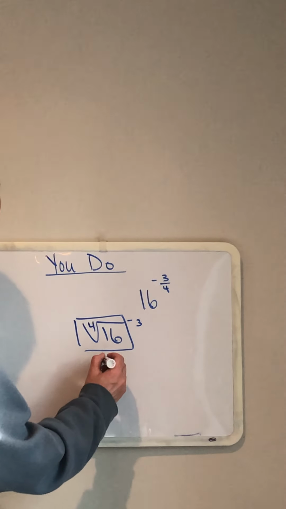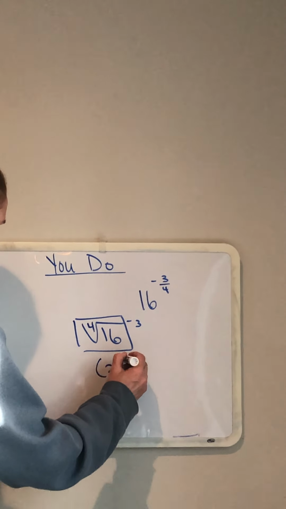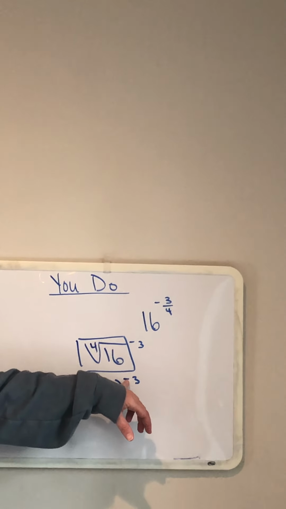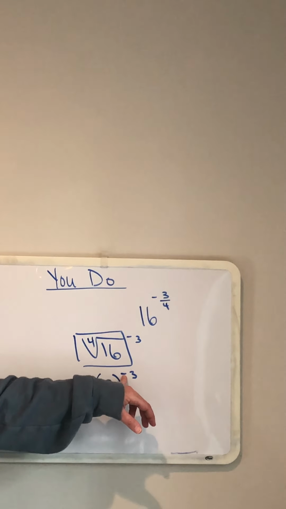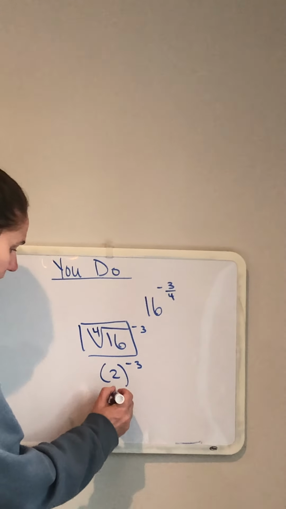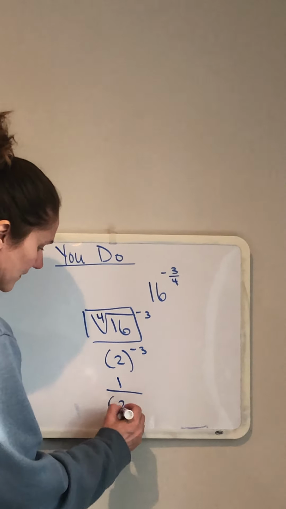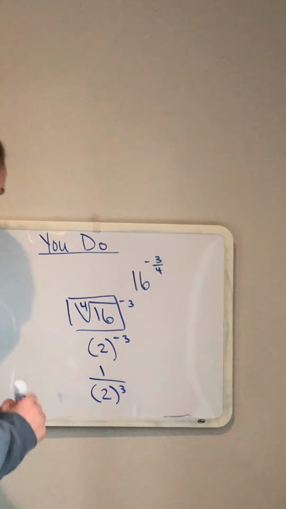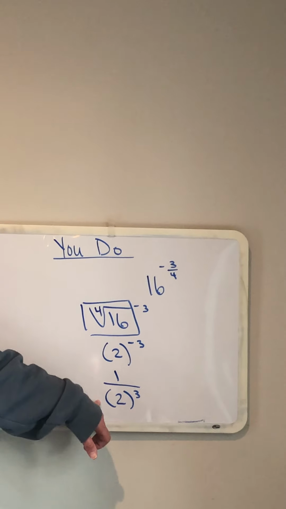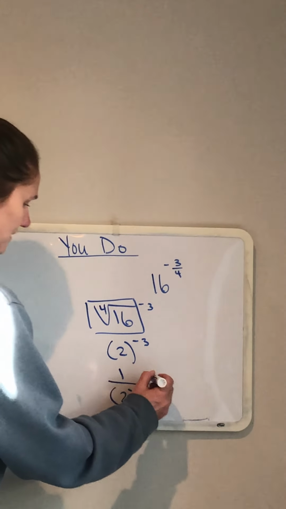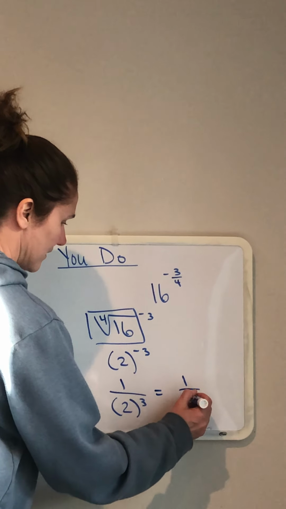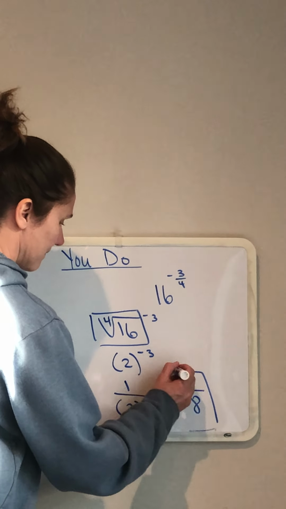So this is now 2 to the negative 3rd. Negative powers mean to move the term. So now this becomes 1 over 2 to the 3rd. And we know 2 to the 3rd is 8. So the answer to 16 to the negative 3/4 is 1/8.